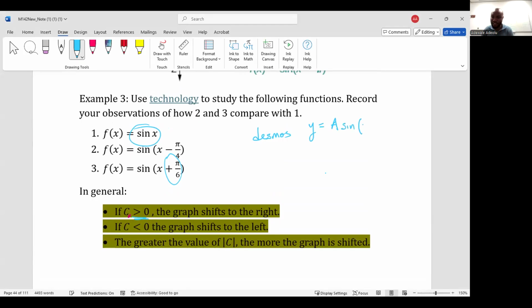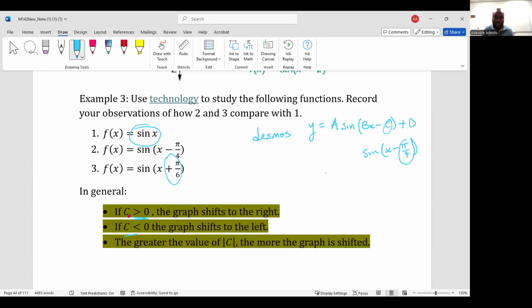So we are saying if this C is positive, then we have a shift to the right. In that case, you can have something like sine of x minus pi over 4, right? So we have a shift to the right because this C itself is positive.